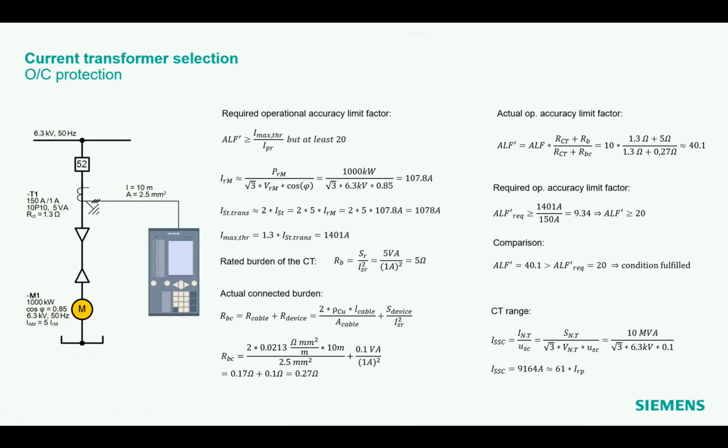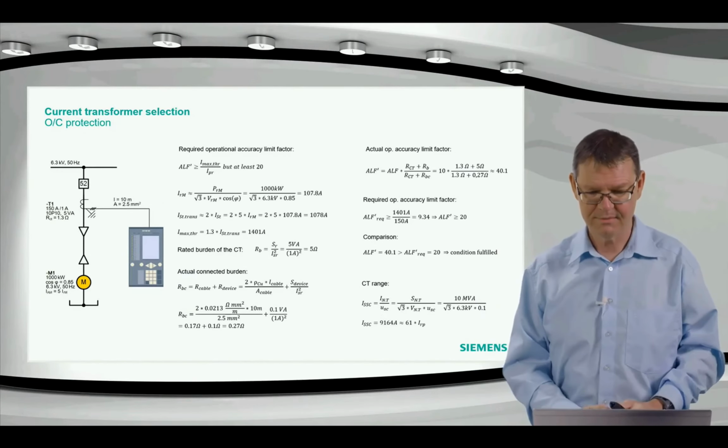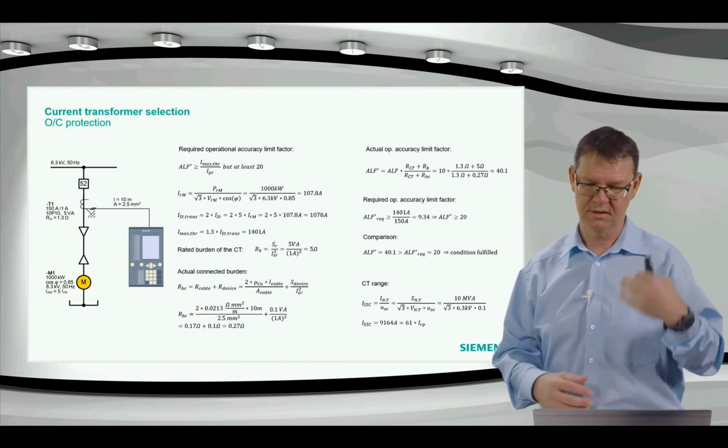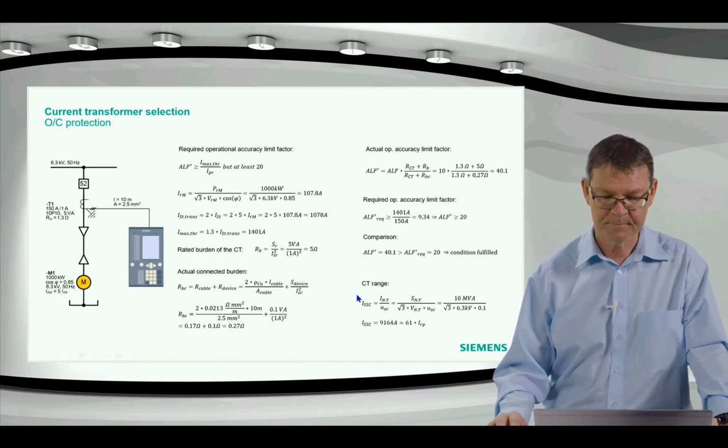This is normally no problem, we have enough range here, but it might happen that you get an enormous secondary current, because you have a very small current transformer, so that you theoretically get a current on the input of the relay which is much too big. So this is also a point where it makes sense to keep an eye on that. For our motor protection, this has no relevance. I just put it here because it fits into the complete range of considerations.